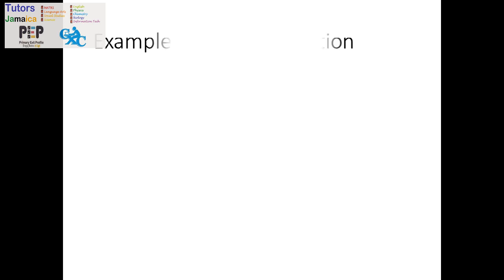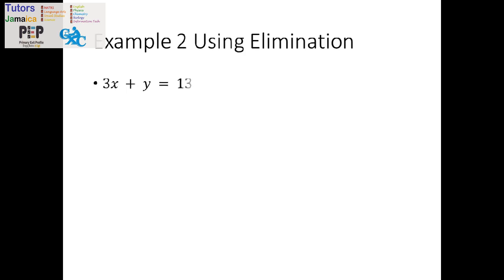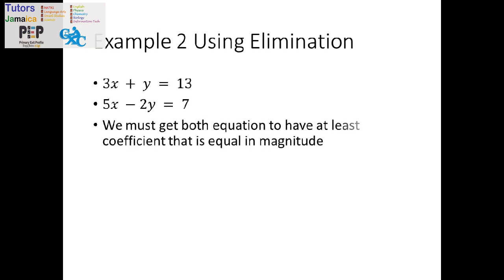Okay, so back to this example. 3x plus y equals 13, 5x minus 2y is equal to 7. So we must get both equations to have at least one coefficient that is of equal magnitude. To do this, we have to multiply.